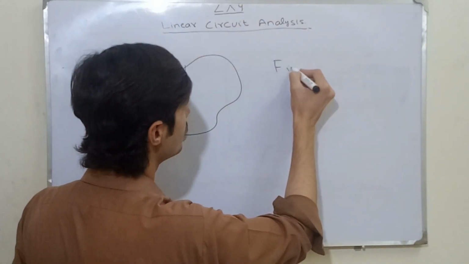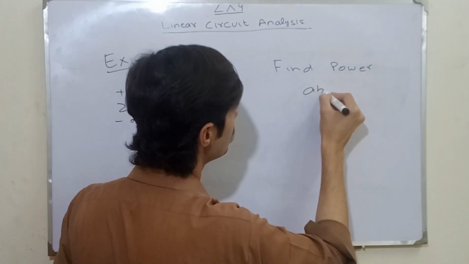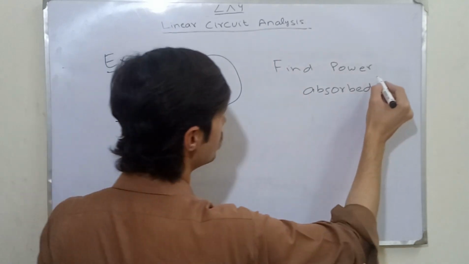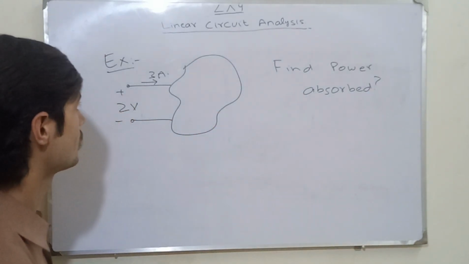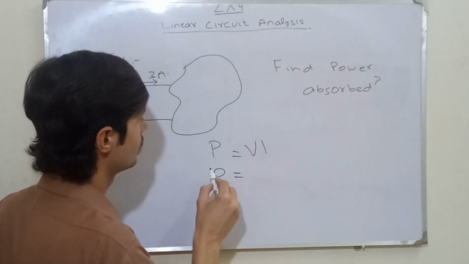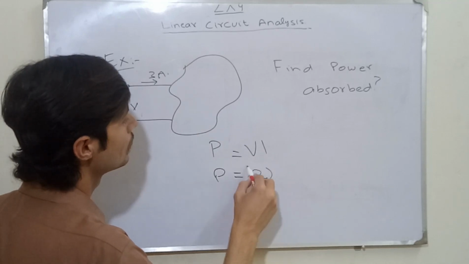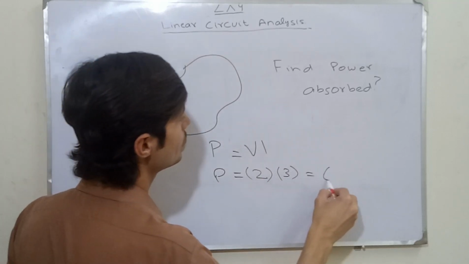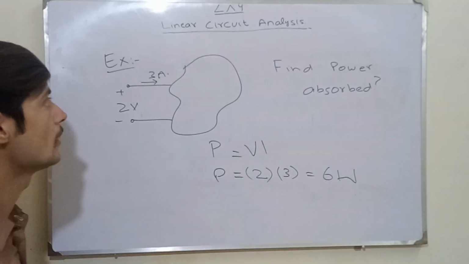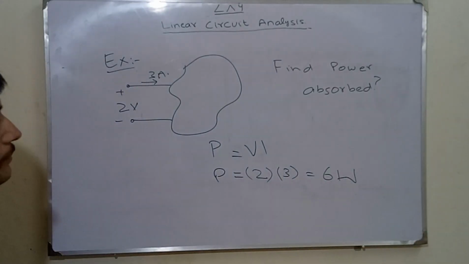Find power absorbed by the element. Since P is equal to VI, power P is equal to V, voltage is 2 and current is 3, so this will be 6 watt. 6 watt power will be absorbed by this element as current is entering from the positive terminal.